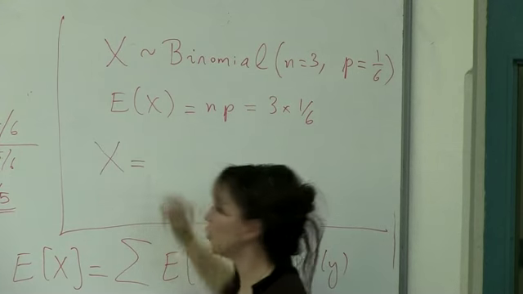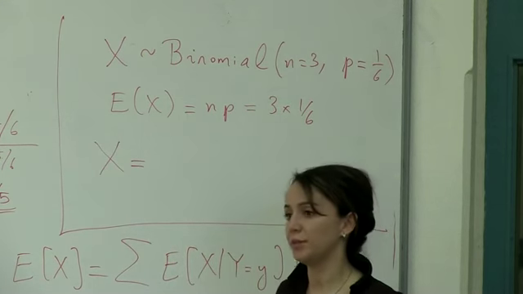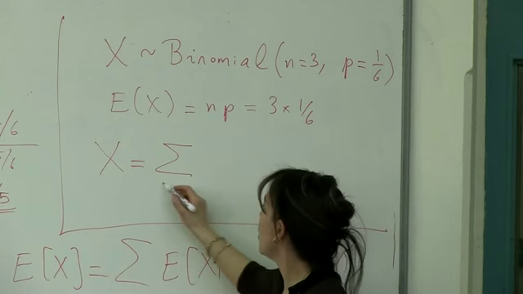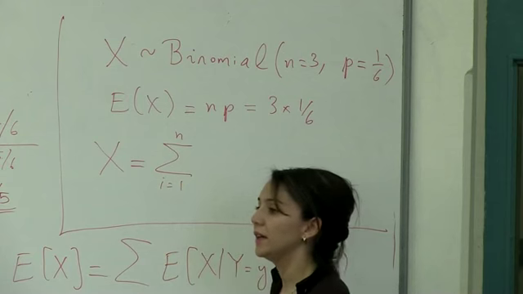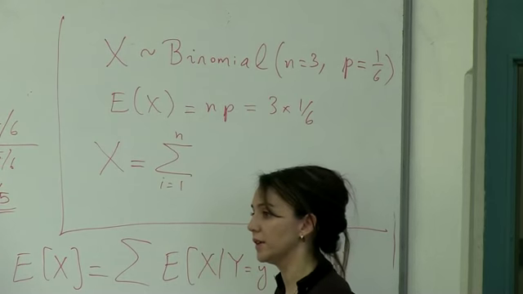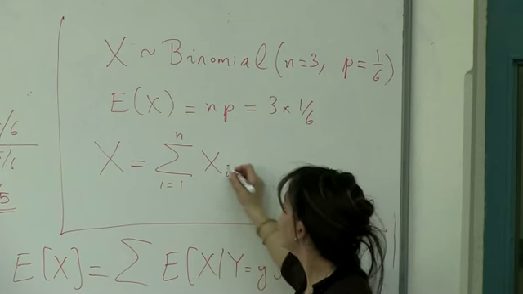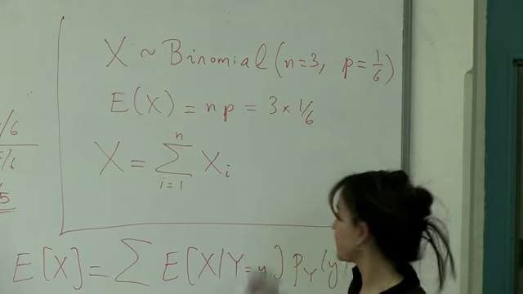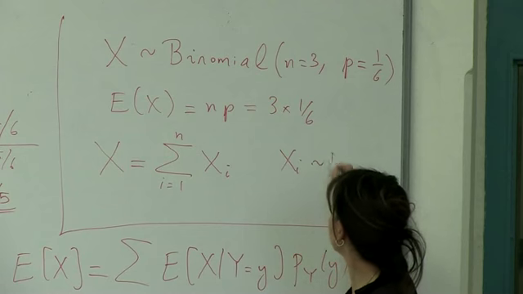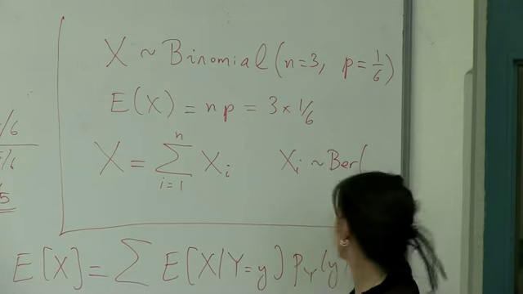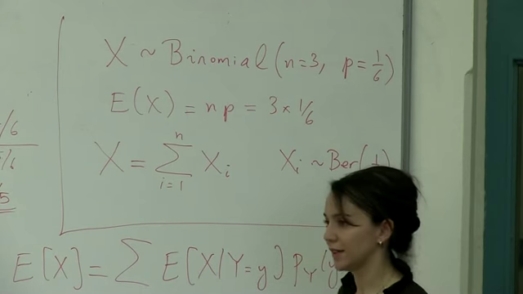Whenever I have a binomial with parameters n and p, I can think of this as the sum of n IID, independent and identically distributed, Bernoulli random variables. So X_i is Bernoulli with parameter 1 over 6.